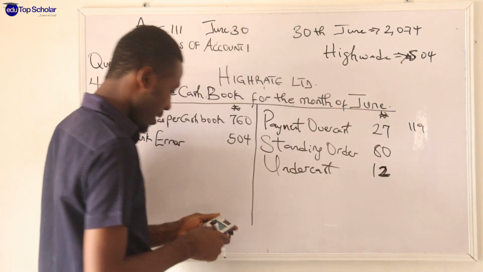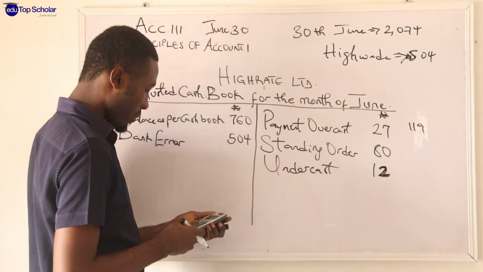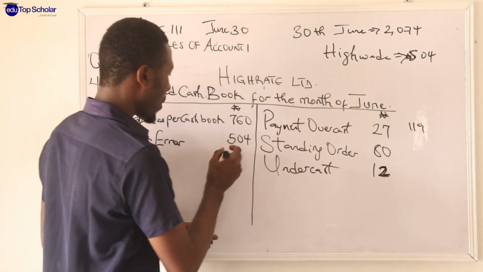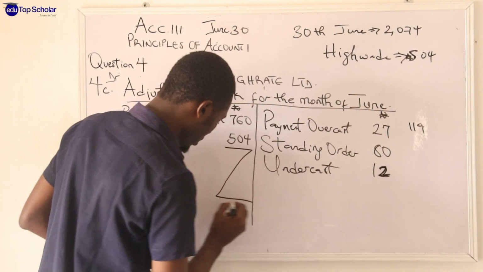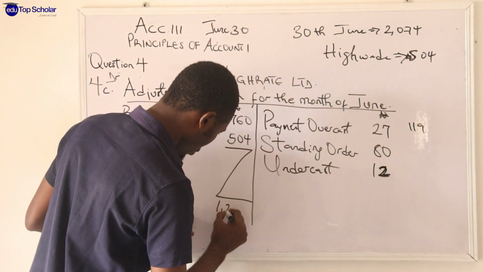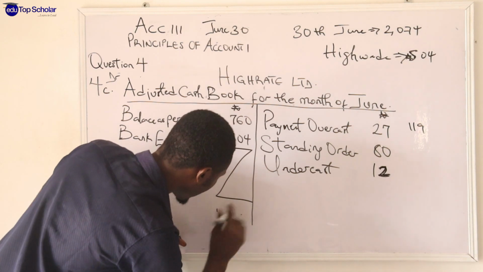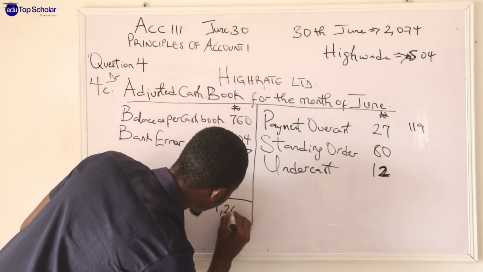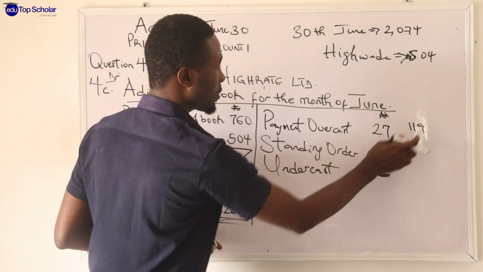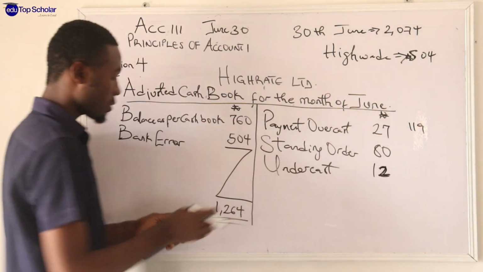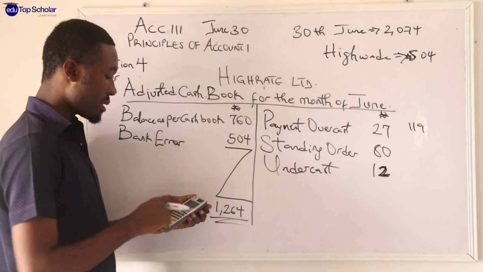And for this side, we have 760 plus 504, 1,264. So we remove the balance of 119 from 1,264, which is 1,145.